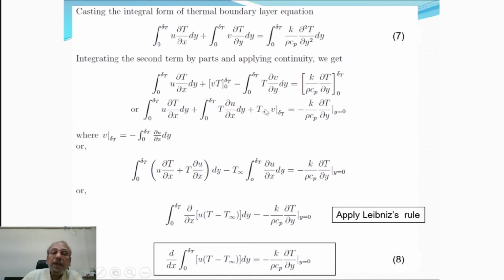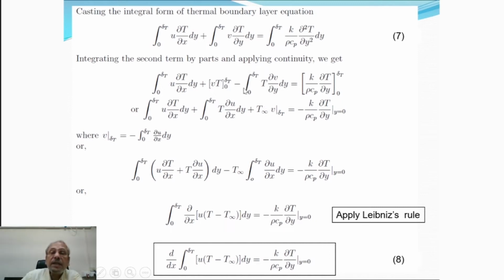This is the upper limit. And v at delta T, from the continuity equation, we can write as minus integration 0 to delta T del u del x dy. So we will substitute that later. When we integrated by parts, we got this term evaluated this way.